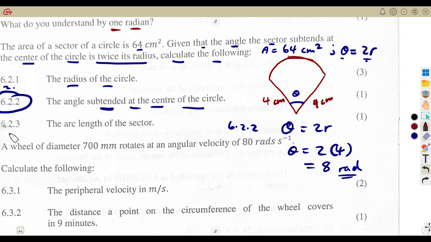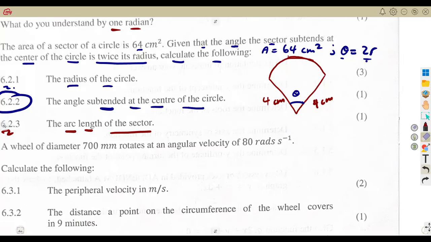Then 6.23, the arc length of the sector, the arc length. All right. Remember, we have theta now, which is 8 rad. So the arc length can be determined. If you consider the other formula there, okay, let me bring back the formula sheet. You see this formula.